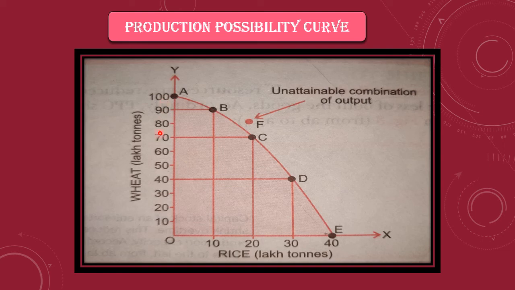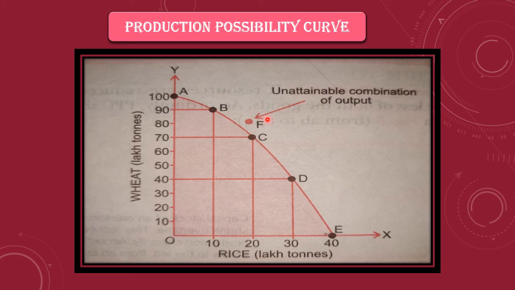In the same way, when the production of wheat is 0, the production of rice would be 40, because all the resources are used in the production of rice. It is downward sloping, because if you want to increase the production of wheat, then you have to decrease the production of rice. And there is a point that is the unattainable combination of output.